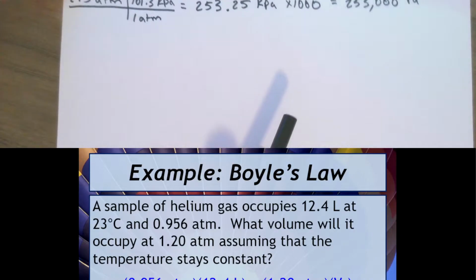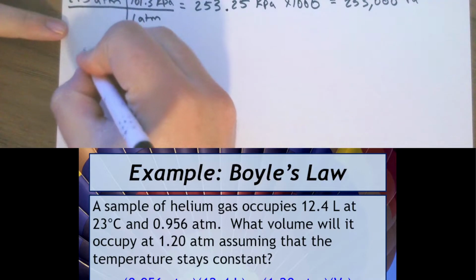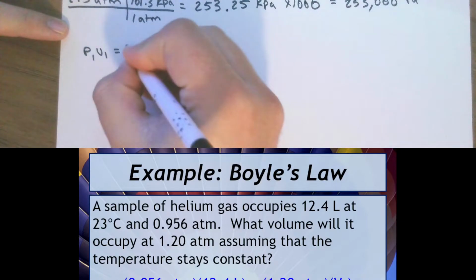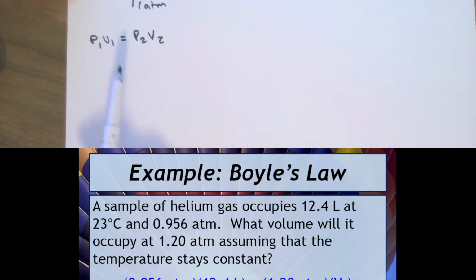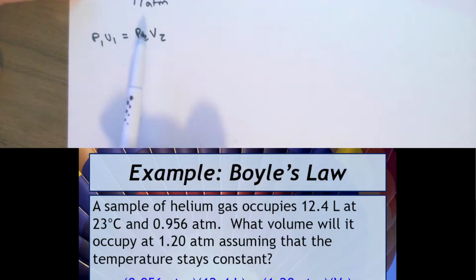So, next, I have my formula we were just talking about, my P1V1 equals P2V2. If I didn't make it clear earlier, P is for pressure, V is for volume. Pressure can use any of those units we talked about before, the ATM or the kPa, any of those is fine, but just make sure to stay consistent inside the problem.